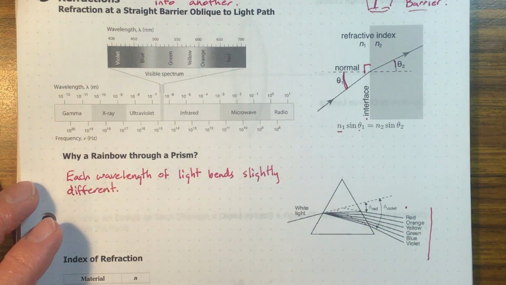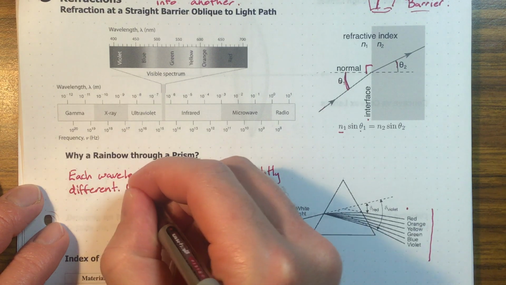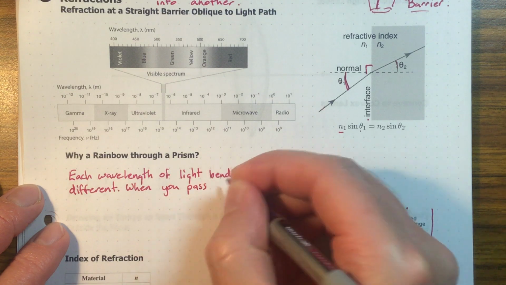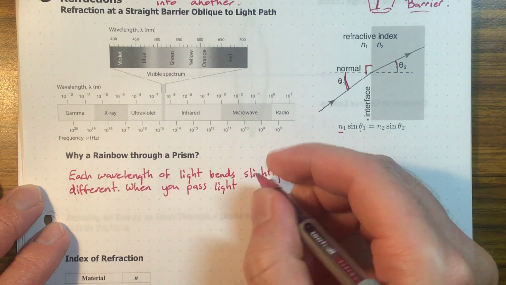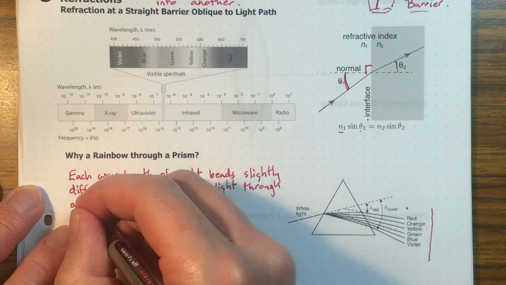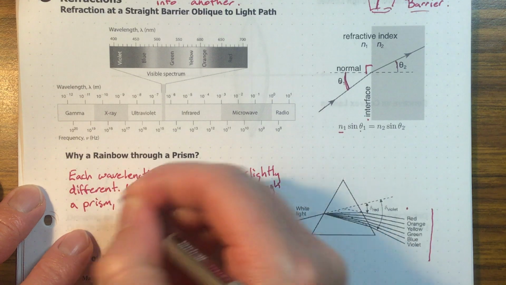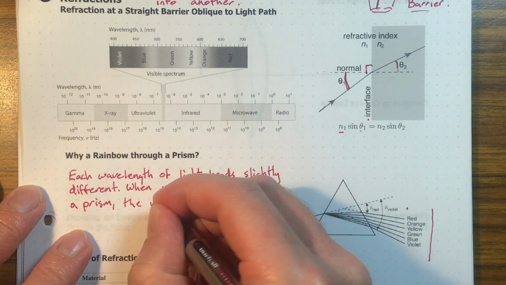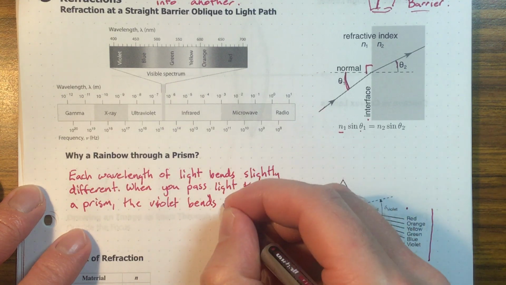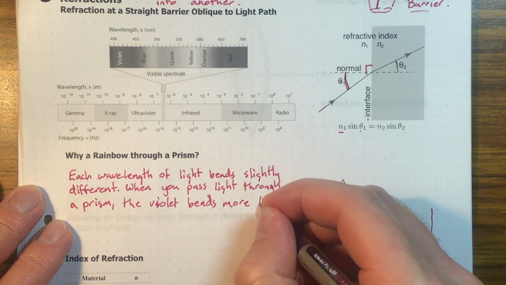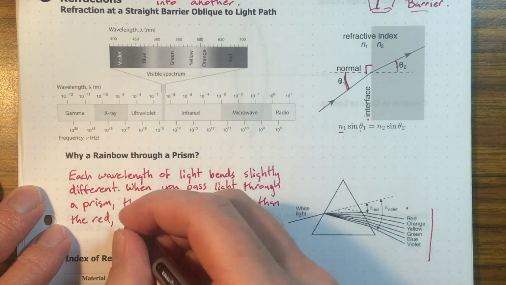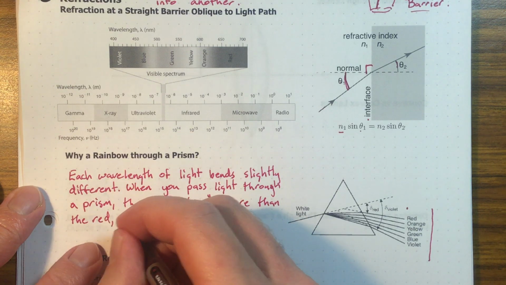So when you pass light through a prism, the violet bends more than the red, causing distinct lines.